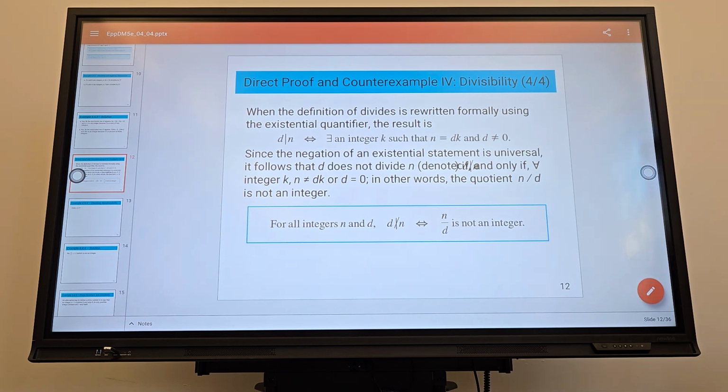Since the negation of an existential statement is universal, it follows that d does not divide n if and only if for all integers k, n does not equal dk or d equals 0. In other words, the quotient n over d is not an integer.